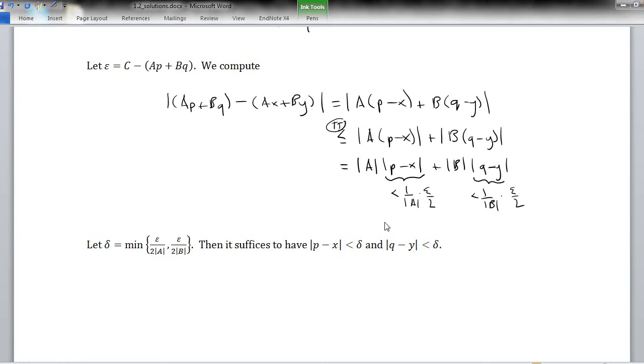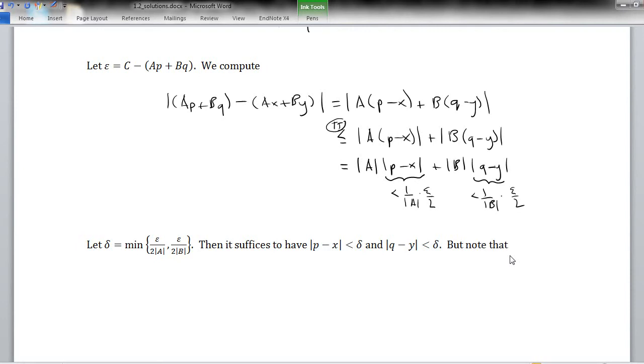because if they're both less than delta, they're less than the minimum of these two, then certainly absolute value p minus x is less than this one, and absolute value q minus y is less than this one. Okay. So we need to convince ourselves that these two inequalities hold. Okay. But that's not too bad.